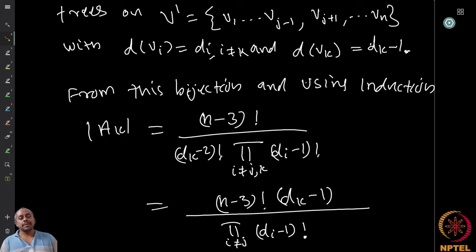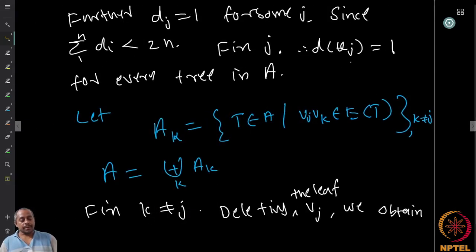Now here is something that we should observe, that i is not equal to j, right? There is one term still missing from our general formula, but what is that term? That term is (d_j - 1)!. But we know that d_j is equal to 1, right? The degree of j is d_j, which is equal to 1.